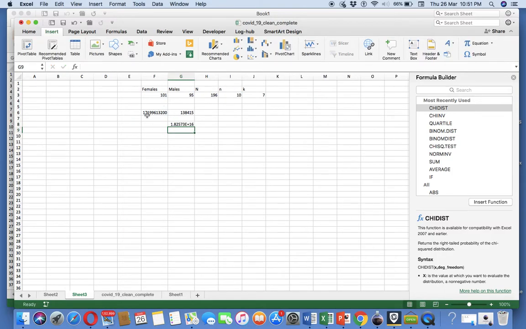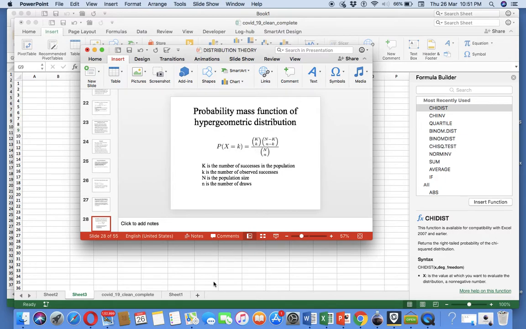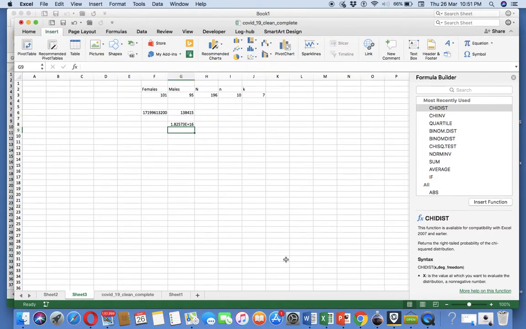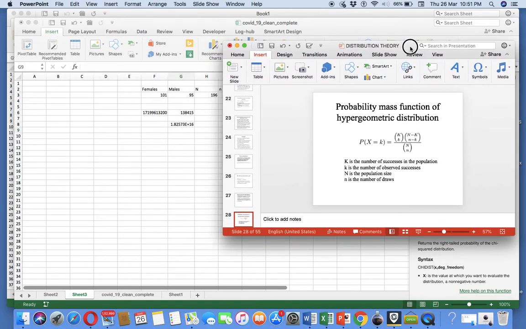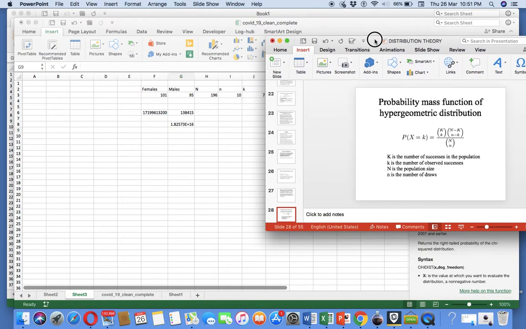So you can see I've broken up the formula into three parts. The first part is KCK.